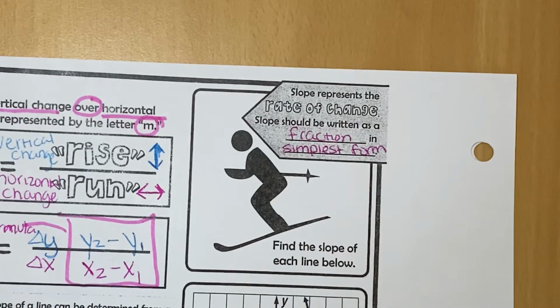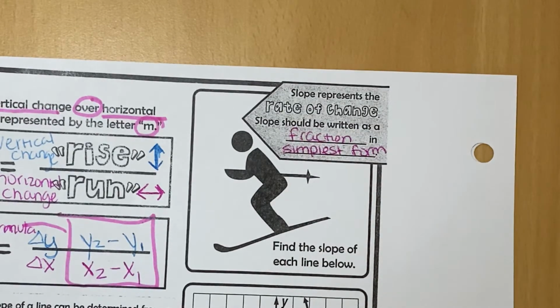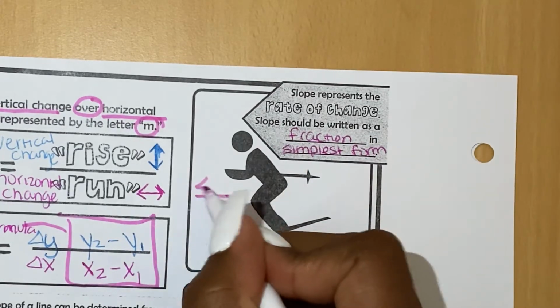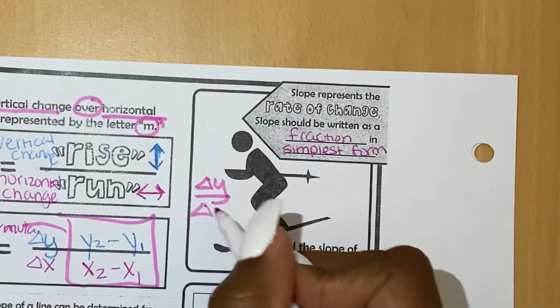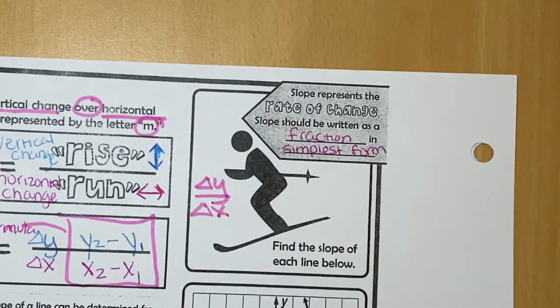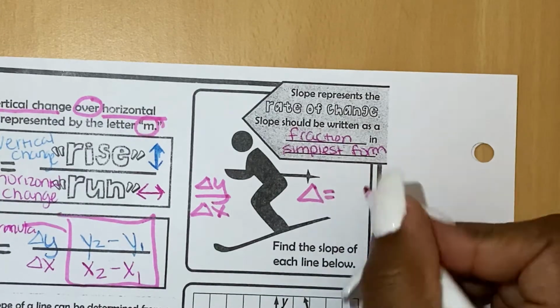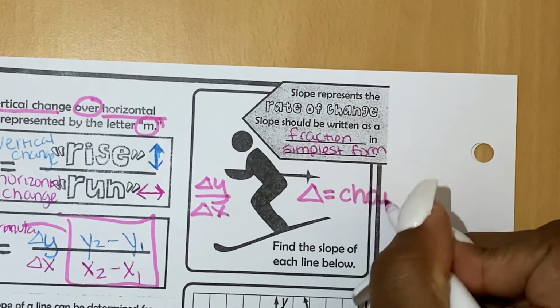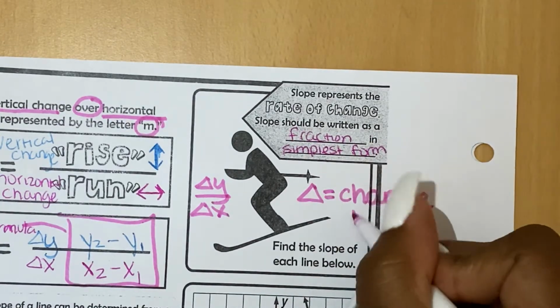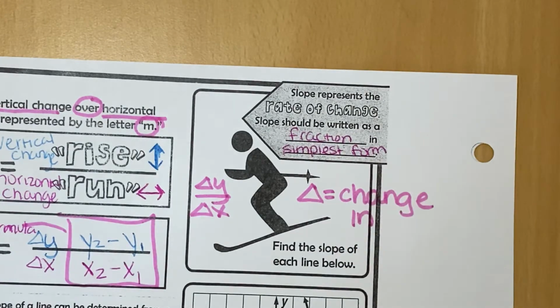Now, when we write slope as a fraction, we write it as the change in y over the change in x, okay? That shows a fraction. And that triangle, don't let it scare you. Notice that I said change in each time that I drew the triangle, okay?